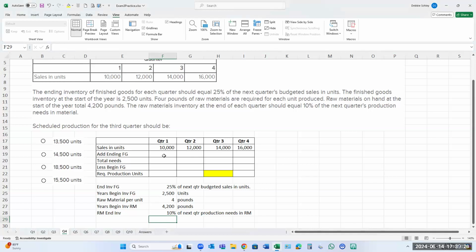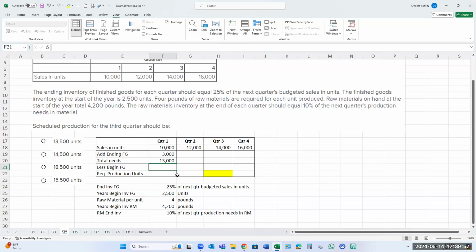Okay. So ending finished goods should be 25% of the next quarter's budgeted sales in units. So I'm going to take the sales in units plus the ending finished goods. They want us to find scheduled production for the third quarter.